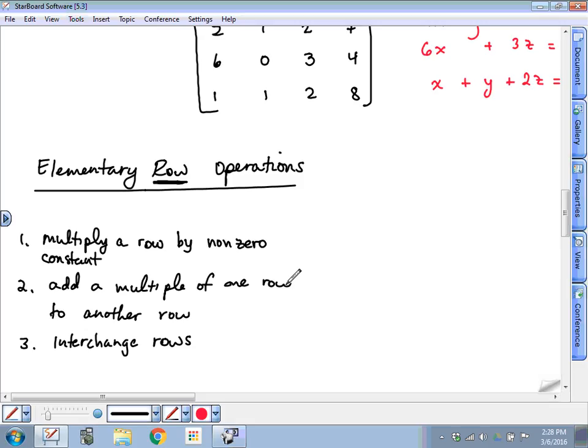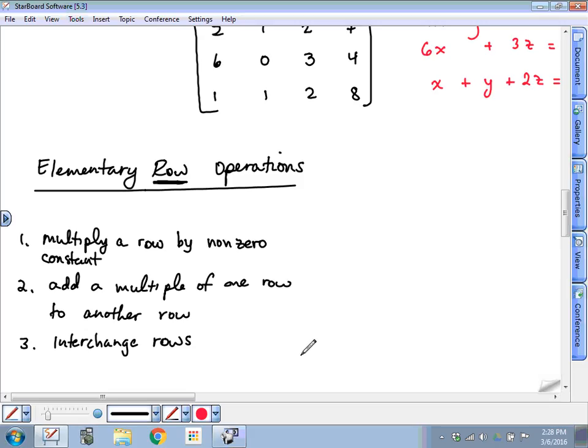I multiplied one of the equations by -3. That was multiplying an equation, or multiplying a row, by a non-zero constant. The second row operation is to add a multiple of one row to another row. That's exactly what we do in the elimination method. You multiply one, possibly two equations, and then you add the two equations together.